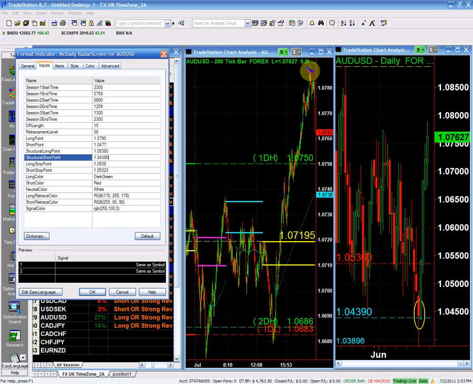So I can place my stop right below the 107.50, which is a momentum high, so my stop is right.